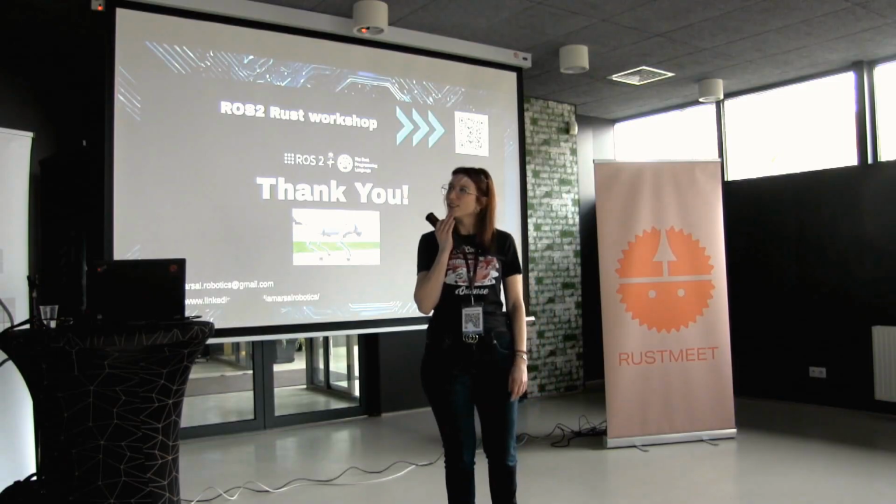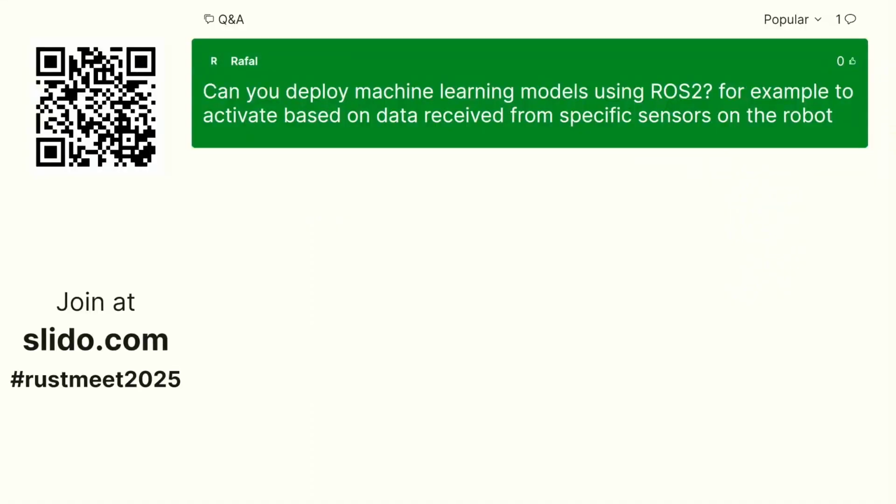And the last question is from Rafał. Can you deploy machine learning models using ROS2, for example, to activate based on data received from specific sensors on the robot? Yes, there are lots of packages and libraries that do this. I'm not familiar with them, but yes, you can do it. Lots of people are using YOLO.